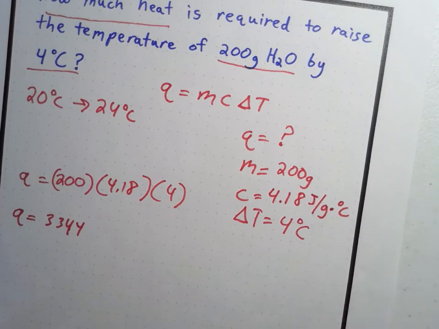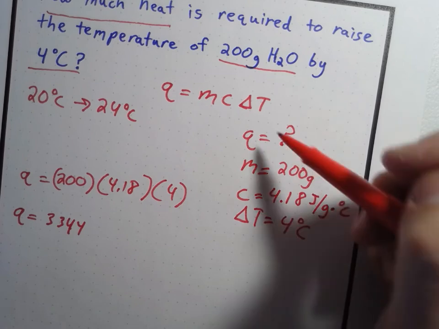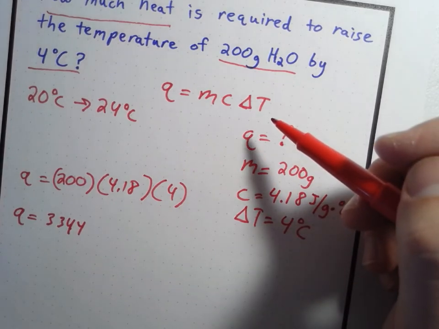And you might be wondering why the value for C has this really weird unit of measurement. Well, it's actually pretty simple. All you have to do is rearrange this equation and put C by itself on one side.